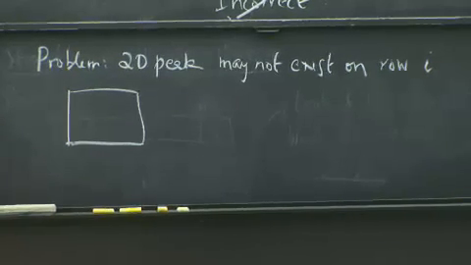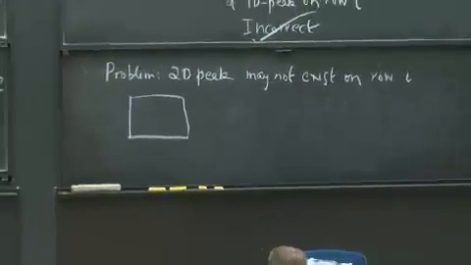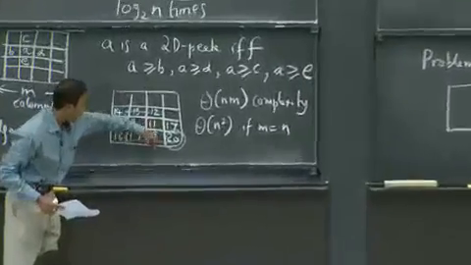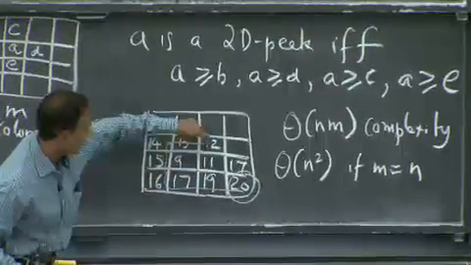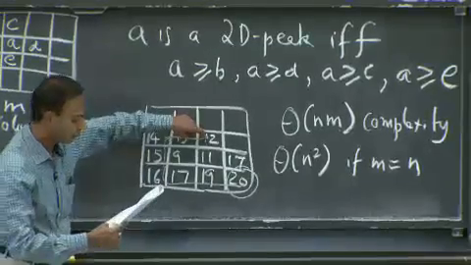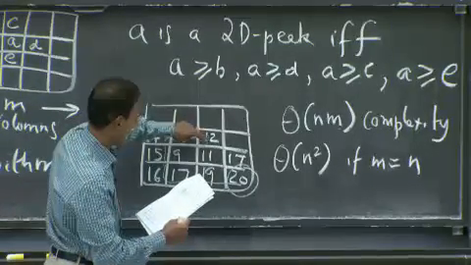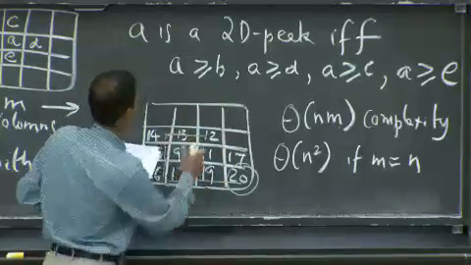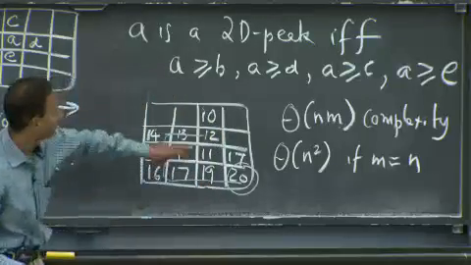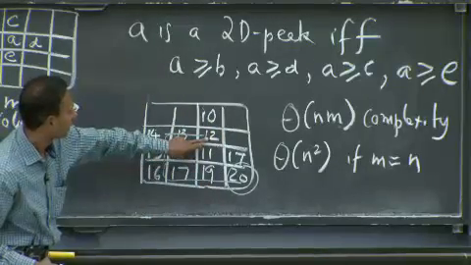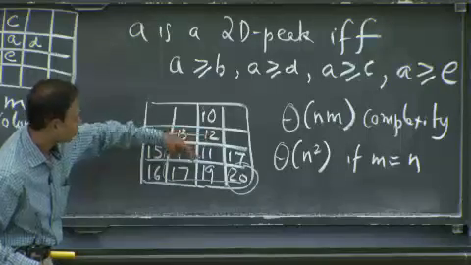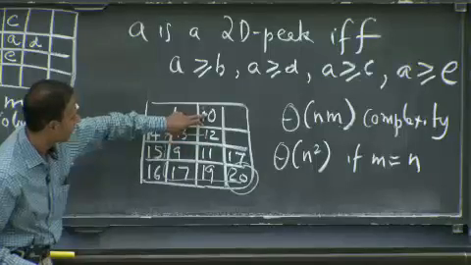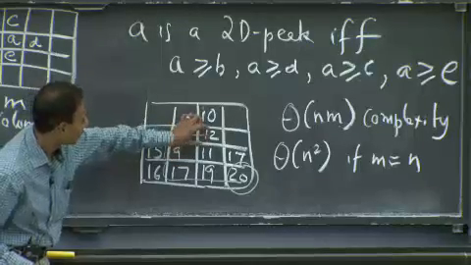And here's an example of that. Actually, this is exactly the example of that. Let's say that I started with this row. Since I'm starting with the middle row, I could start with this one or that one. Let's say I started with that one. I end up finding a peak, and if this were 10 up here, I choose 12 as a peak, and it's quite possible that I've returned 12 as a peak, even though 19 is bigger, because 12 is a peak given 10 and 11 up here.